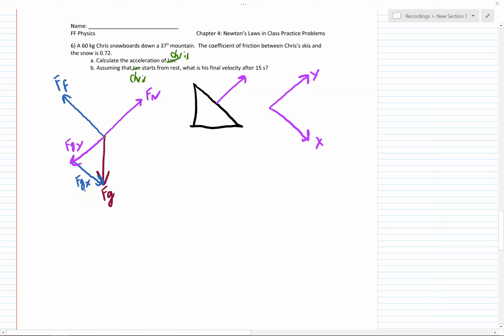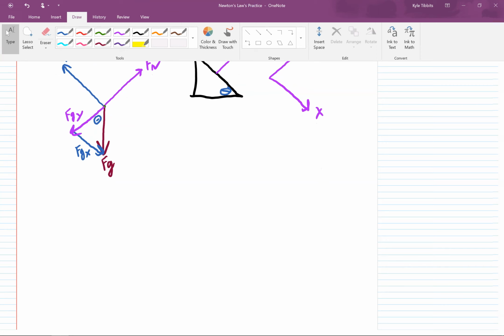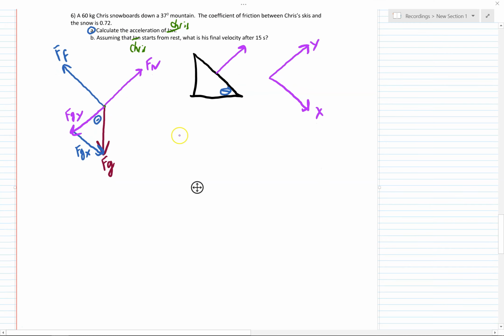And just like the previous problem, the angle between the ground and the hill is the same angle between Fgy and Fg. Our goal is to find, first, Chris's acceleration. Just like the previous problems, we're going to start in the y direction, because we want to find the acceleration in the x direction, so I'll save that for the end.